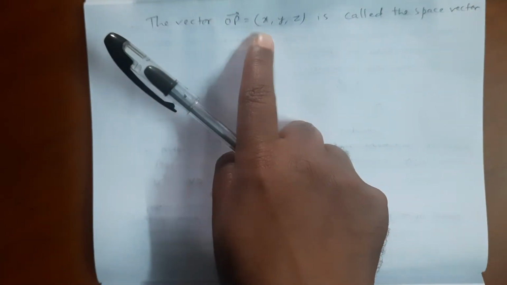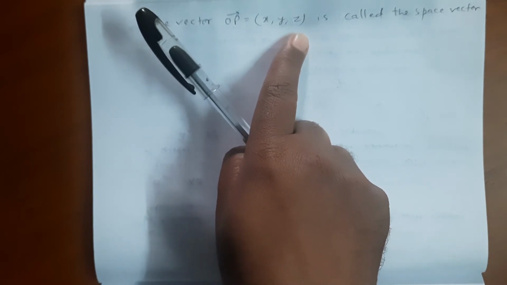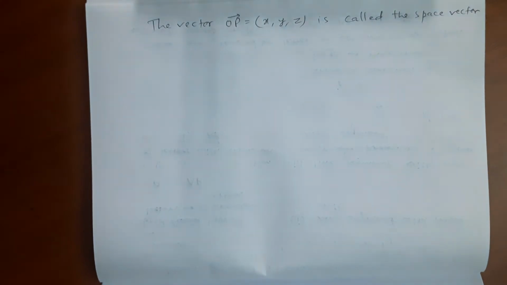Okay, in this the x component is x, the y component is y, and the z component is z. Okay, this is known as the space vector.